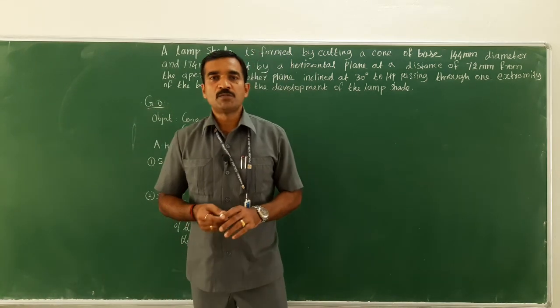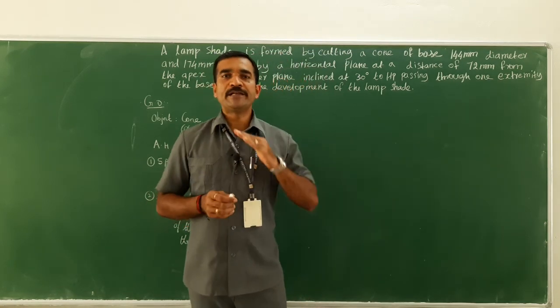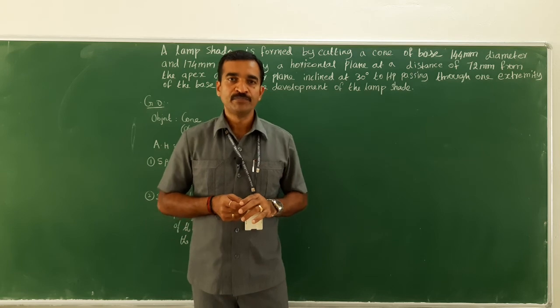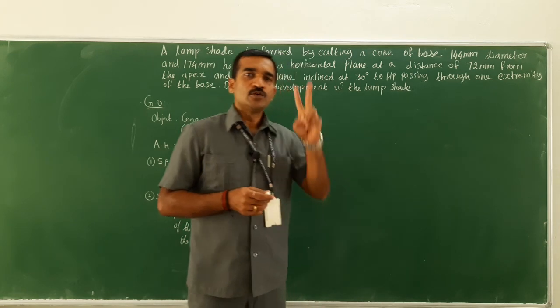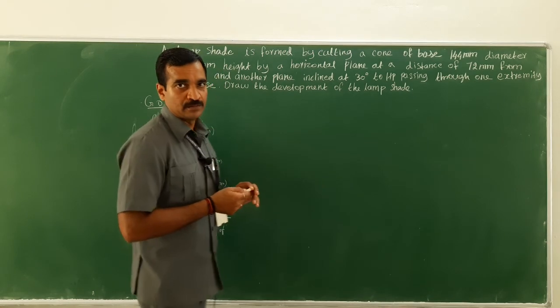So in the previous problems, it was given that only one cutting plane is used to cut the solid. For this particular question, two cutting planes are used to cut the object, right?